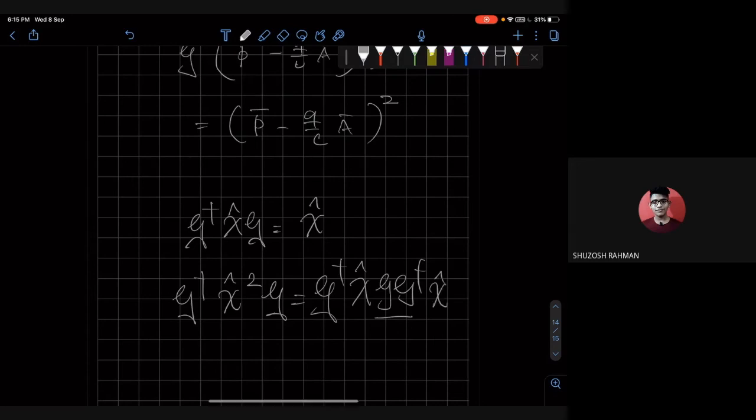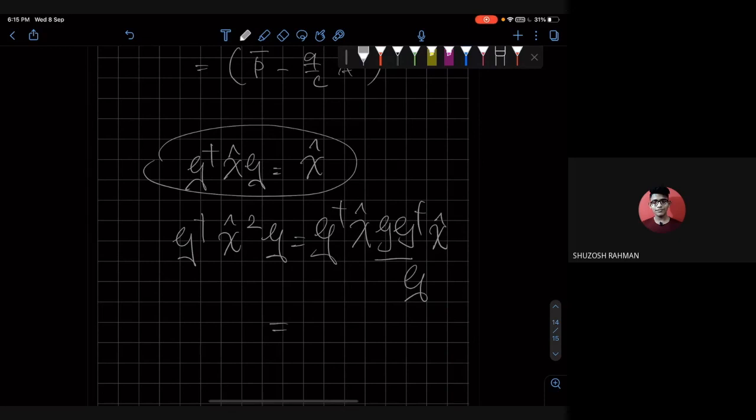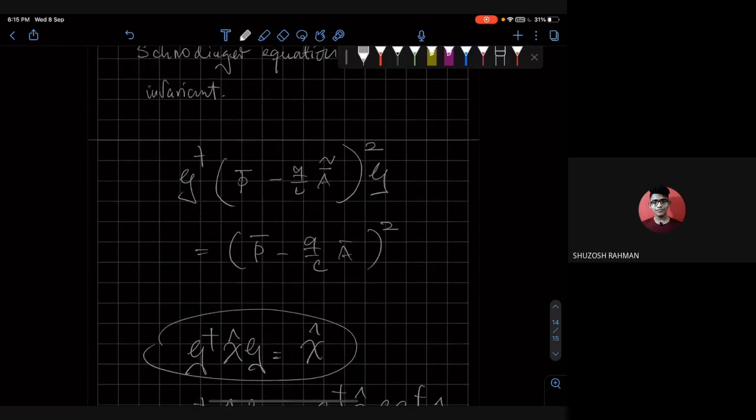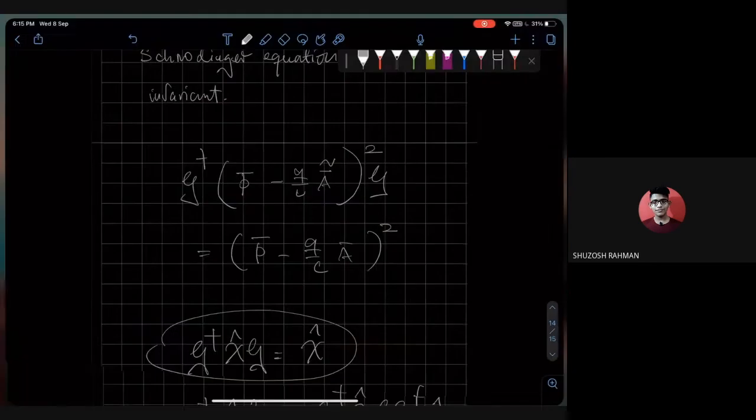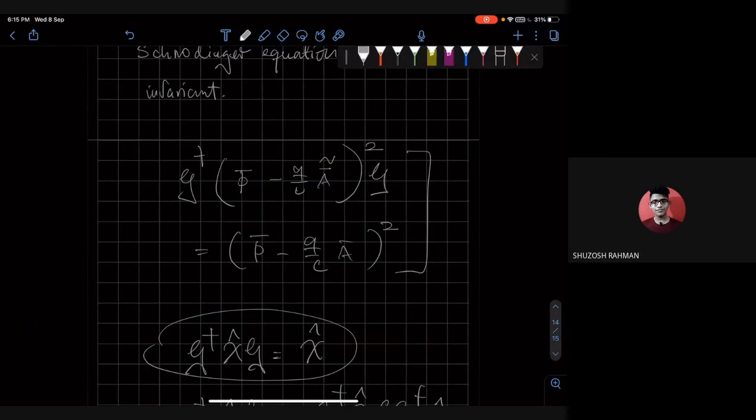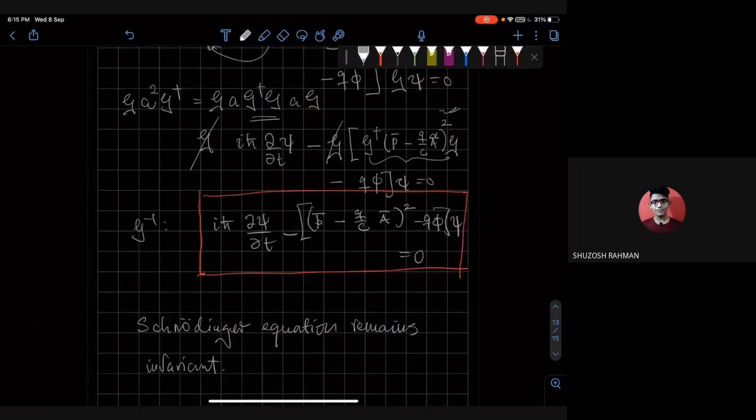So I can apply this twice, chi times chi, so I get chi squared. Right? So is this clear why this is true? Yes, sir. So thus we see that the Schrodinger equation is gauge invariant, even though it's written in terms of the gauge potential, because of the way that the wave function changes. Okay?